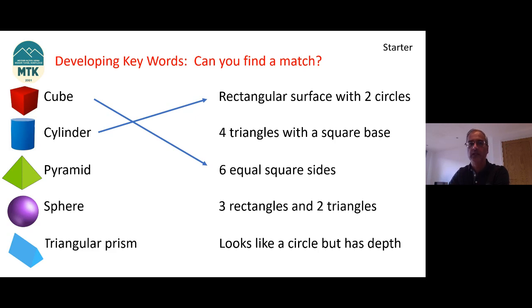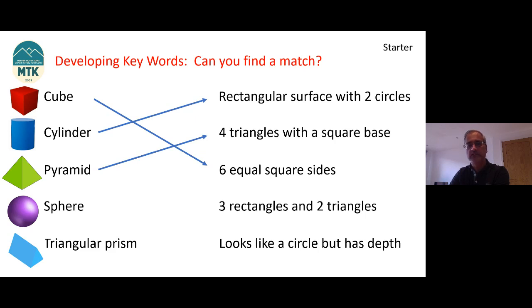Yes, you're right. I can see some triangles, correct. It has 4 triangles and the base at the bottom is square. So it's 4 triangles with a square base. Yes, we are correct. And now that leaves us with 2 shapes, a sphere and a triangular prism. Let's take a look at the sphere.